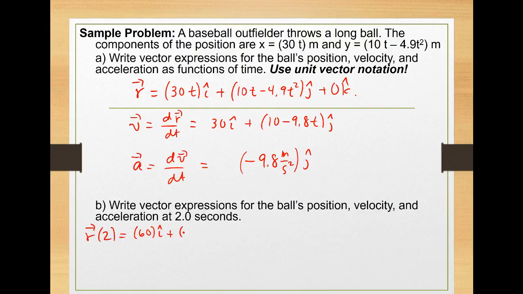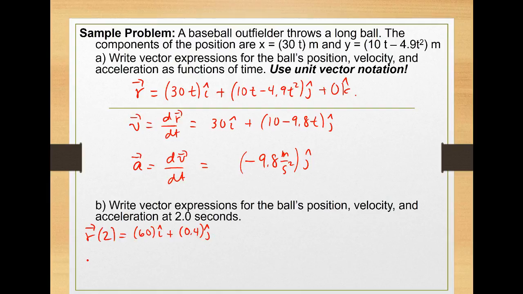So 20 minus 19.6 is 0.4 j hat, and then plus 0 k hat. And what this is showing is that essentially this ball will have reached kind of a height of 0 in the j hat direction.